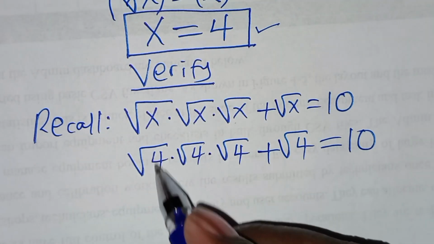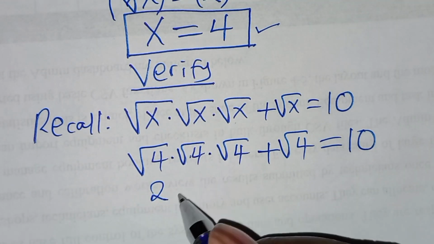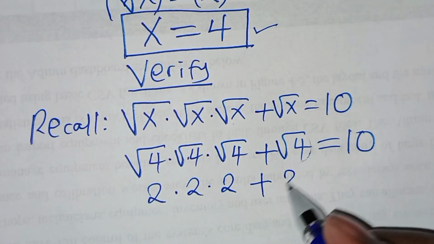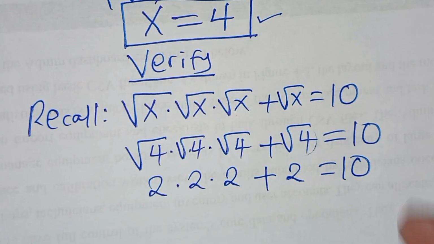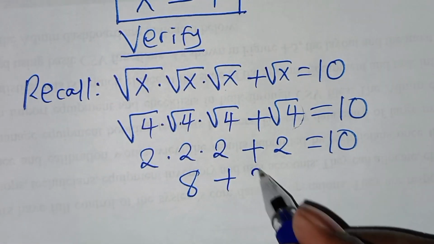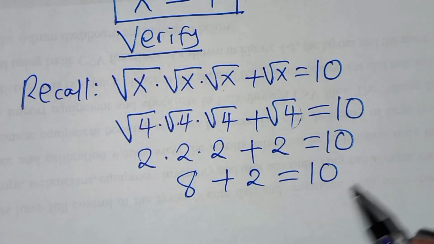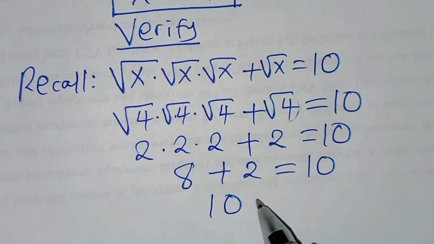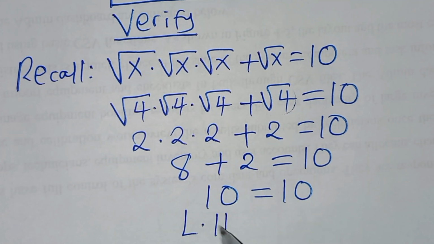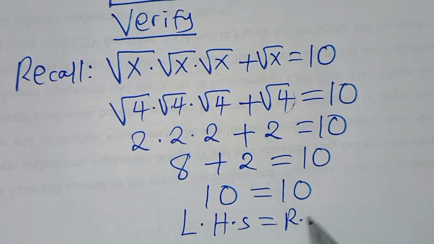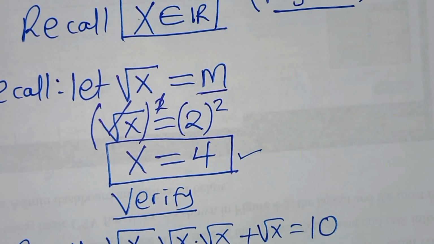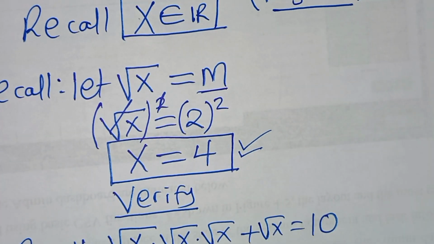So this is the same thing as 2 times 2 times 2, then plus square root of 4, which is 2. So 2 times 2 times 2 is 8, then plus 2, this is equal to 10. So 8 plus 2 is 10, which is equal to 10. So this implies that the left hand side is equal to the right hand side. And this proves that the value of x, which is 4, satisfies the equation.